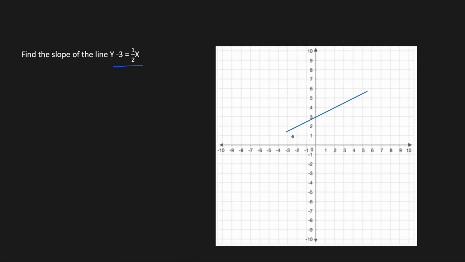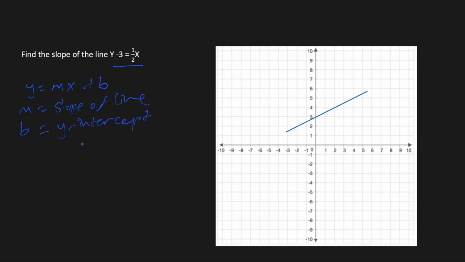But let's say this is our equation, and this line represents that equation. So in order to solve the slope for a line using this equation, we have to bring this equation to this form, which is y equals mx plus b, where m is the slope of the line and b is the y-intercept.